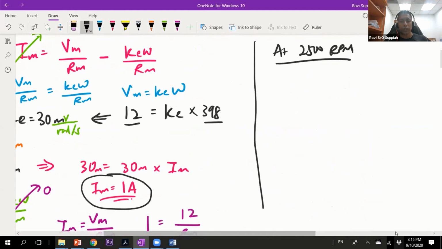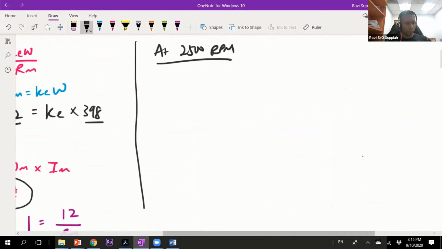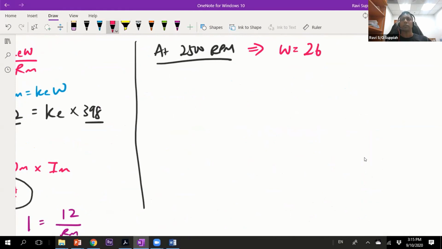So at 2500 RPM, what is happening? The omega, in this case 2500 RPM, you convert, you get 261.8 radians per second.